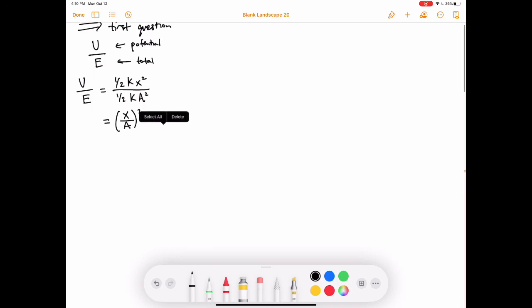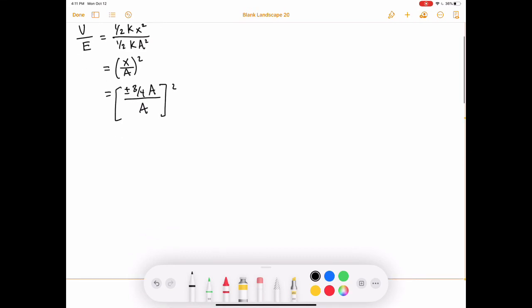Now in this case, we said x is going to be equal to plus or minus 3/4 a. So we'll take that and divide through by a, and then we'll square it. The a's will cancel. We have plus or minus 3/4 squared. So if we're squaring it, it's always going to be positive. So don't worry about the negative solution. It's 3 squared on top divided by 4 squared on the bottom, which is 9 divided by 16.